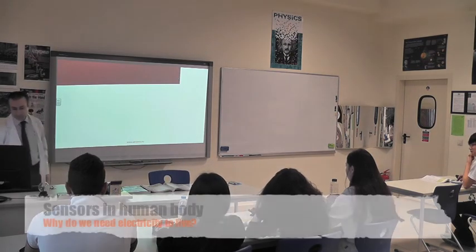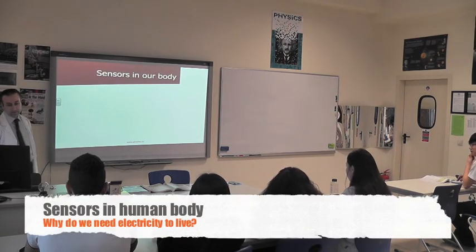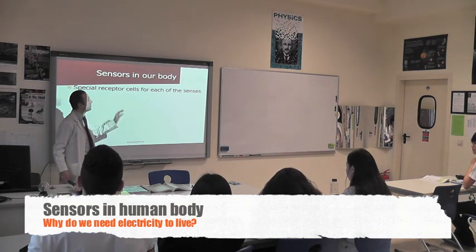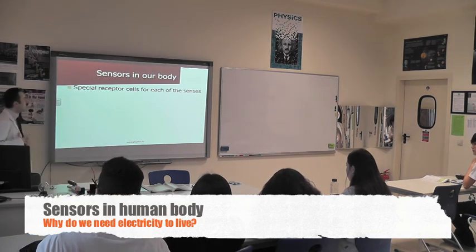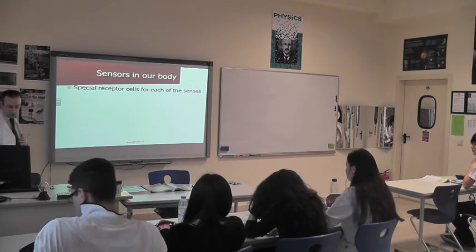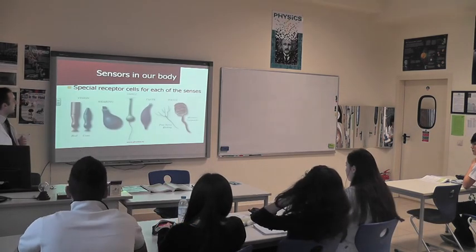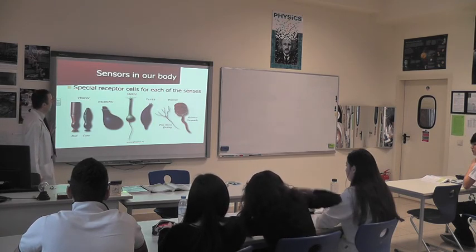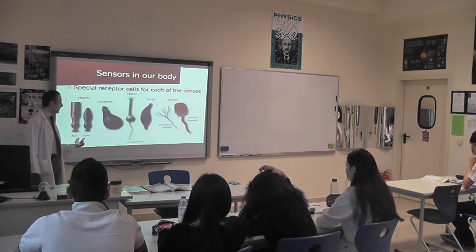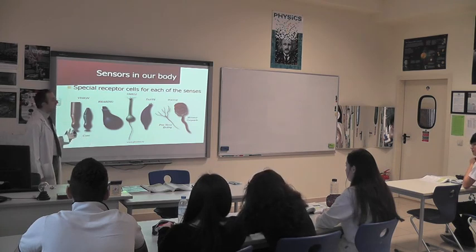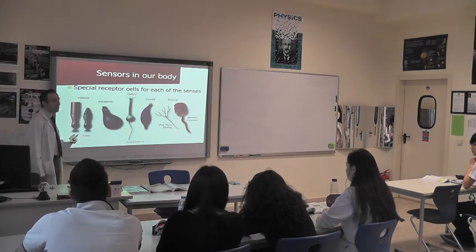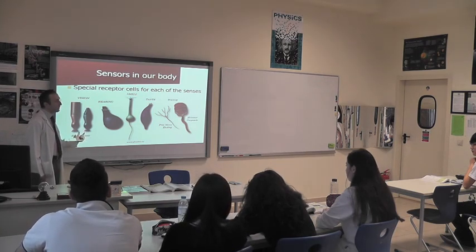What are those sensors? Let's have a look. Sensors in our body: special receptor cells for each of the senses. We have a special receptor, a sensor, for each of the senses we use in everyday life. For vision, we have rods and cones in the eye. They are highly sensitive receptors to the contrast and the color of the light.